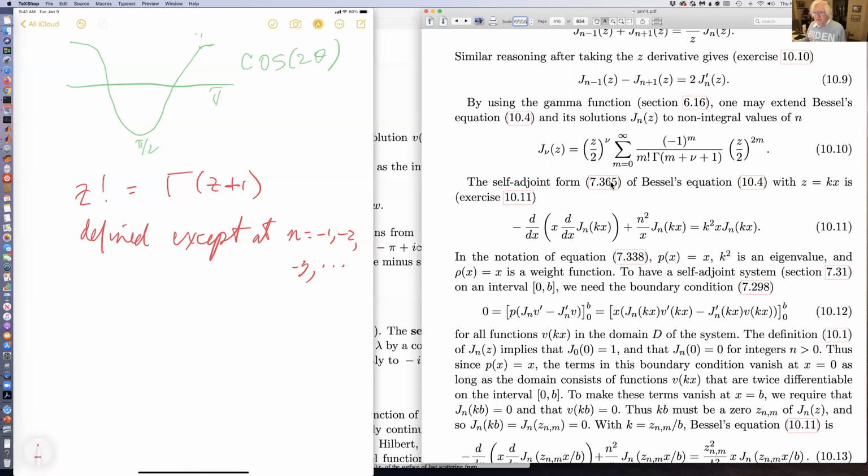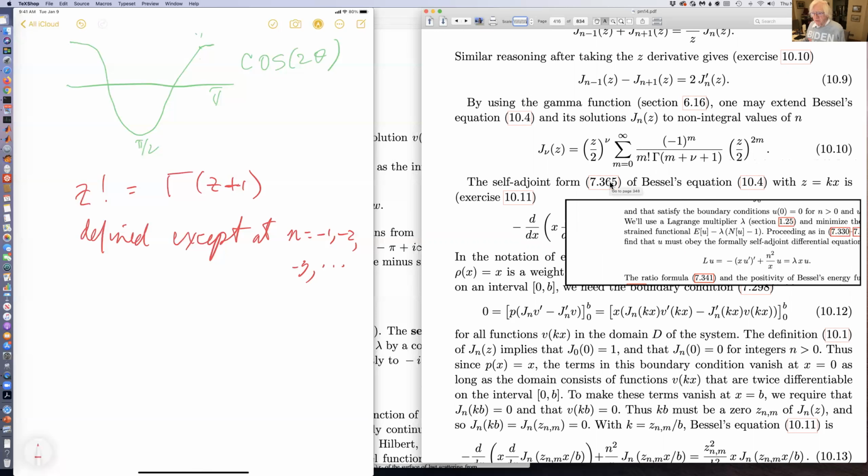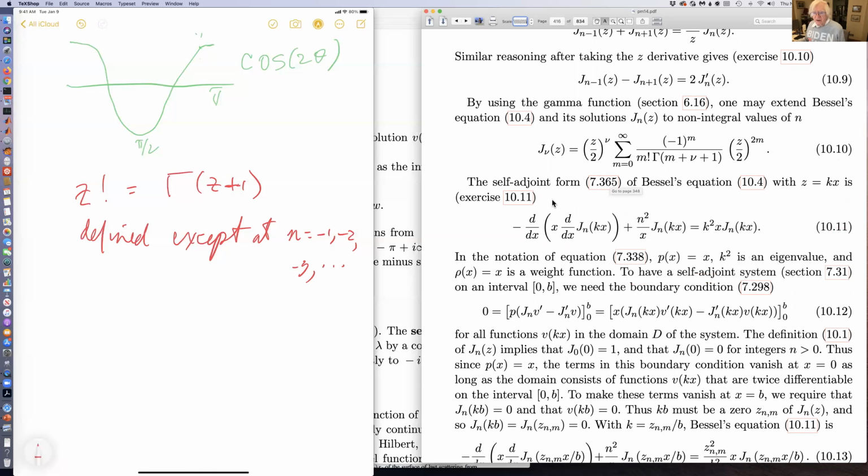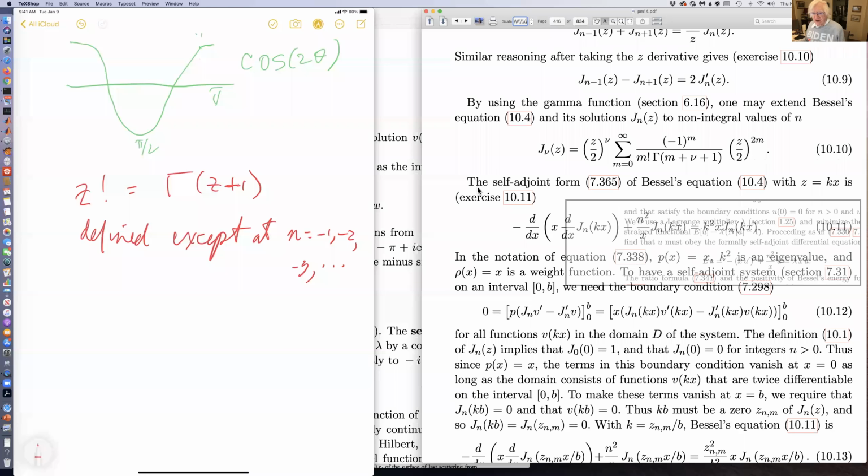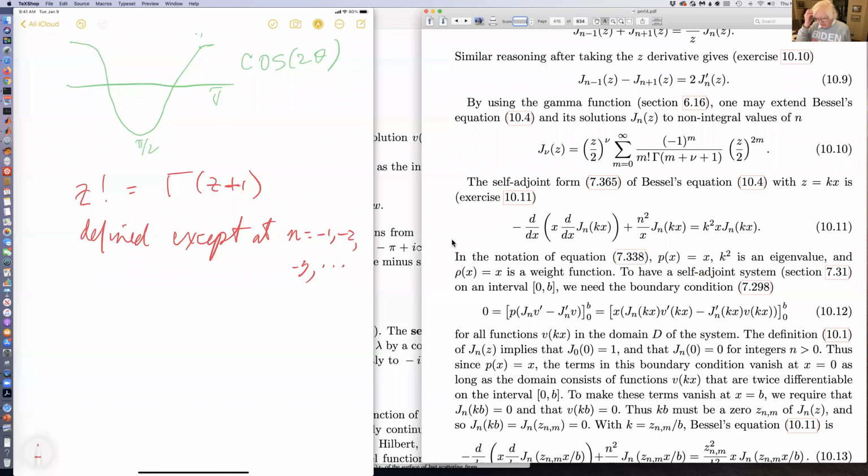The self-adjoint form of Bessel's equation is something we've seen before. Anyway, if we set z equal to kx, then it assumes a form that is more useful for physical problems.